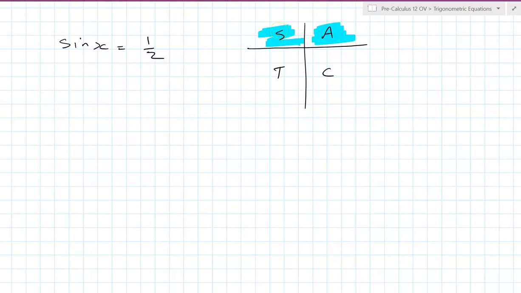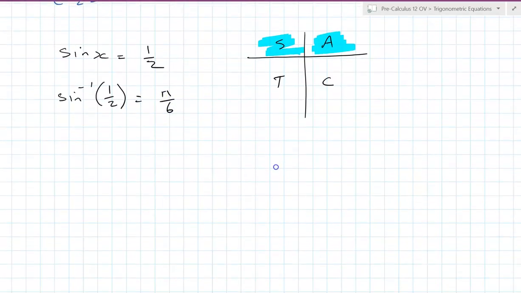This one is actually quite straightforward. We know that the sine inverse of a half, a special angle, is π/6. So very simply, you can quickly sketch that right here. That's π/6, a standard position angle. It's its own reference angle. That's your θ1 or x1.